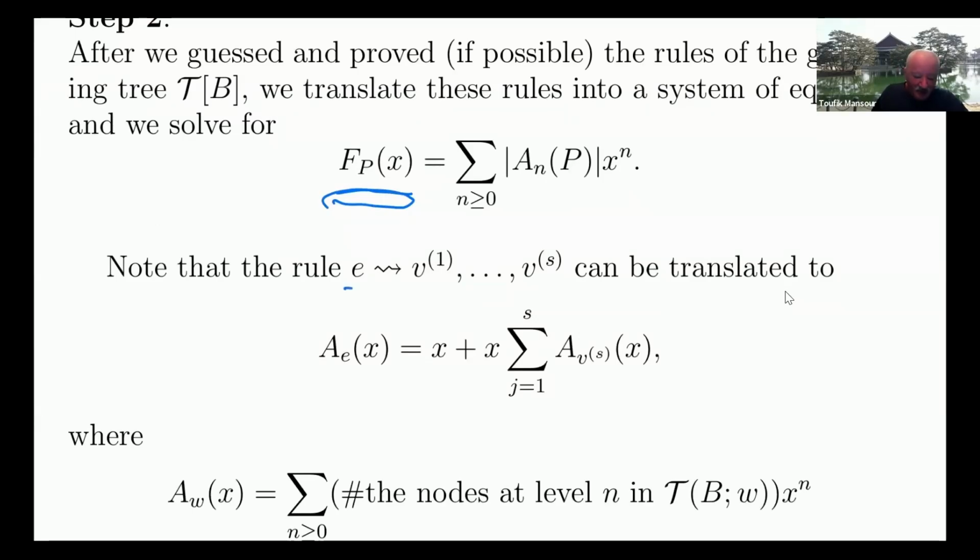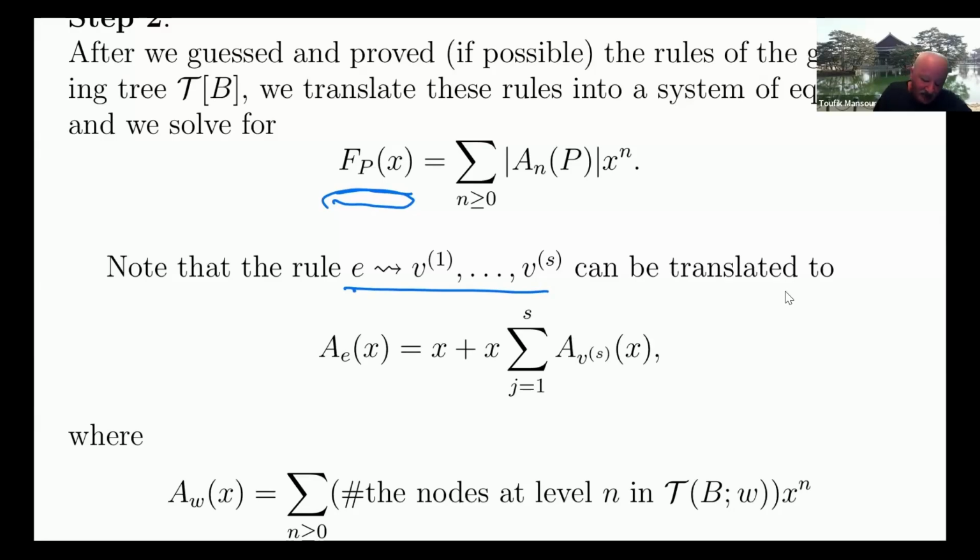So for a given rule E, parent E, which has children V1 to Vs, I define A_E as x plus x times the sum over all the generating functions of A_Vs.